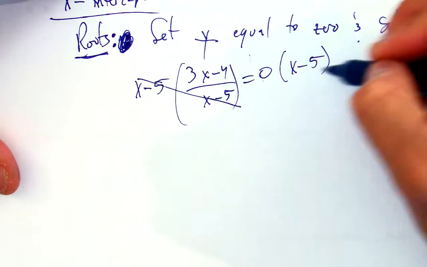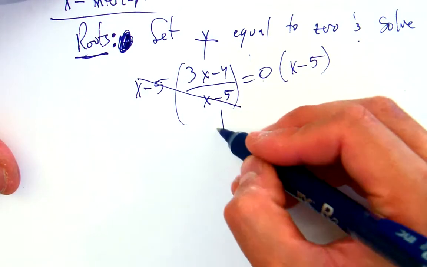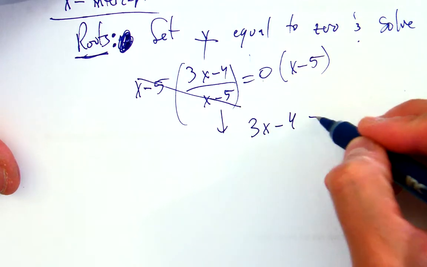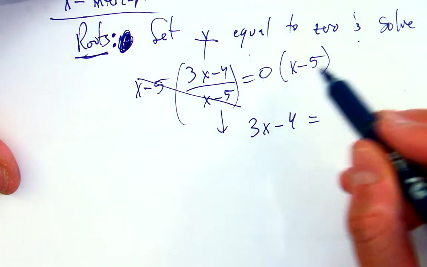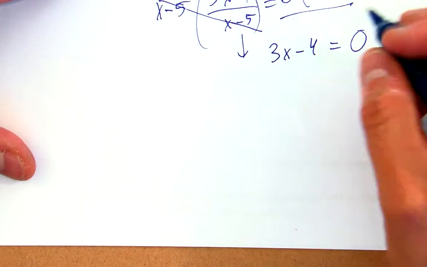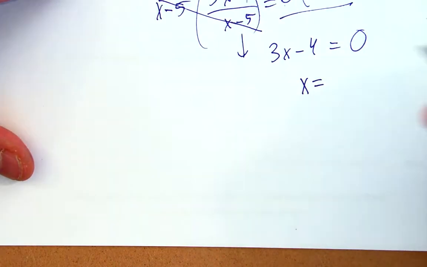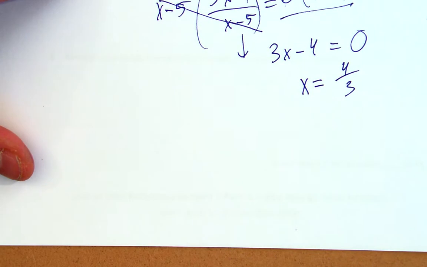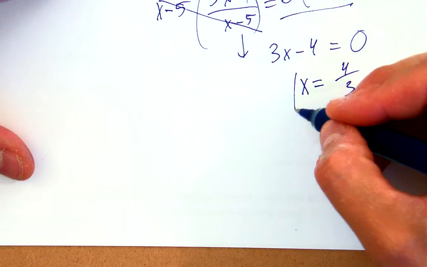So these go away. And what am I left with? 3x minus 4 equals what? 0. That's why it's easy. And now we solve this out. And what's the answer? It's 4/3. That's the x-intercept.